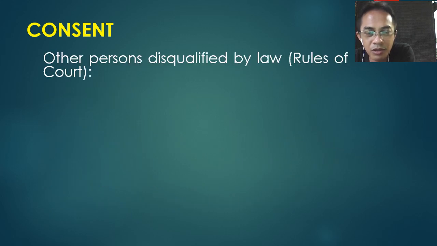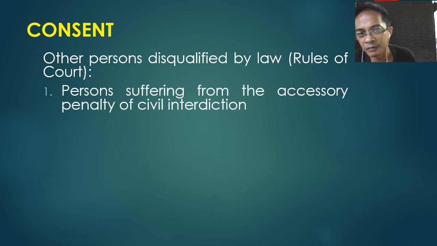So, there are other persons disqualified by law. Most specifically, the rules of court of the Supreme Court. It says, a person suffering from the accessory penalty of civil interdiction. There are cases where they sentence a person. Aside from imprisonment, there is a penalty, and then there is civil interdiction.